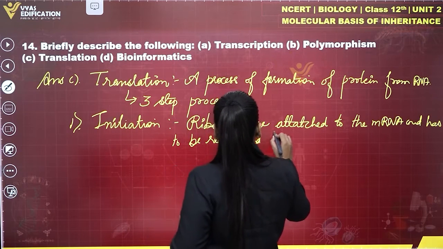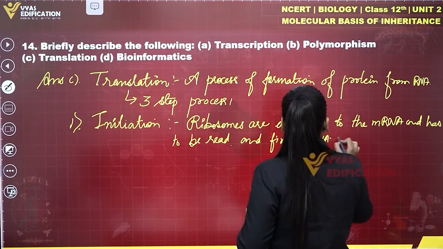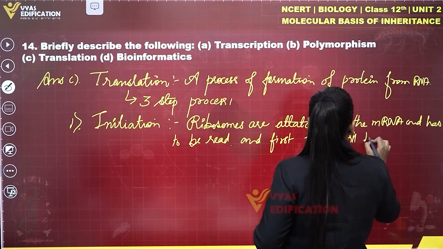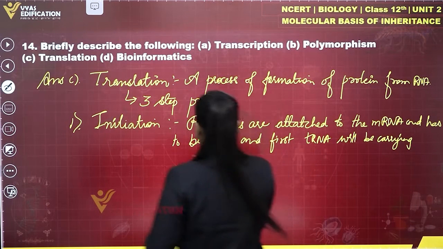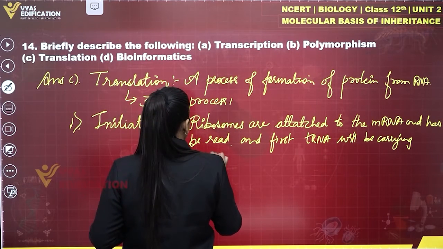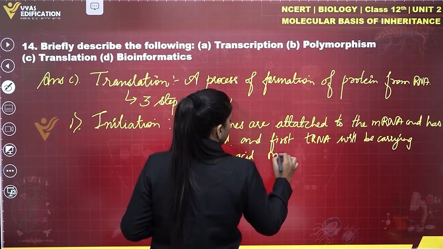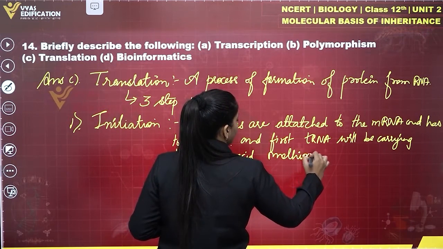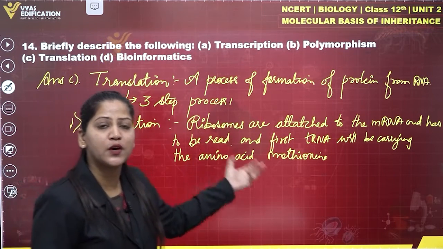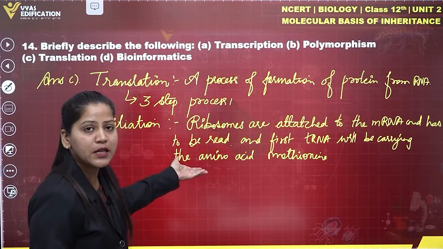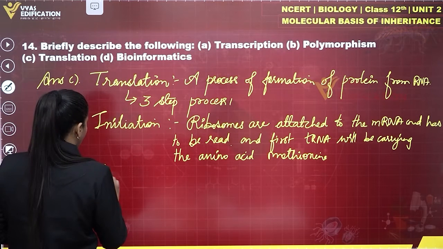And the first tRNA in this process will be carrying the amino acid methionine. This is the first amino acid which will be carried by the first tRNA in the process of initiation of translation. Then the next step under this process is elongation.